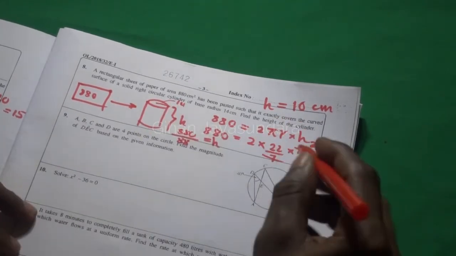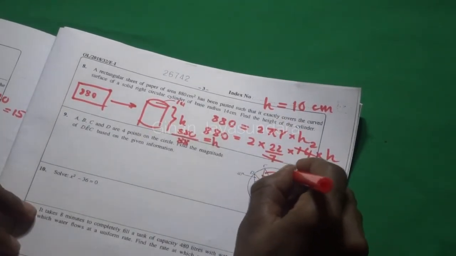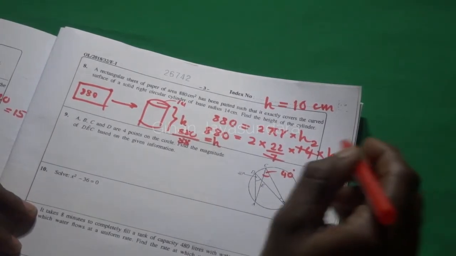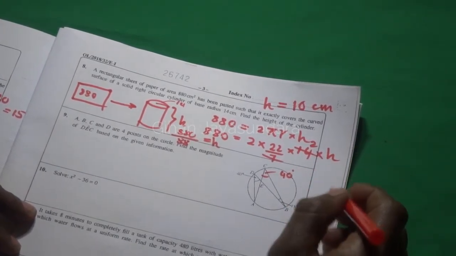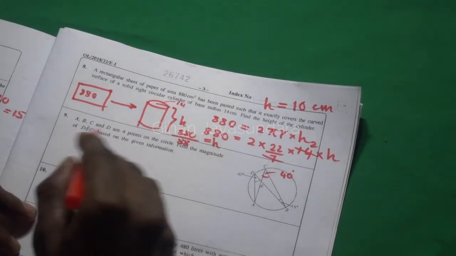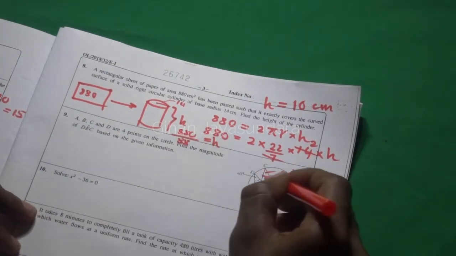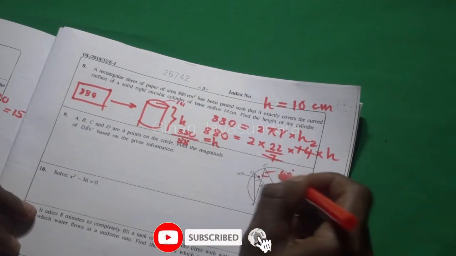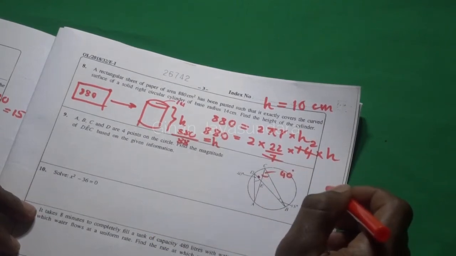So this should be 40. Right. Now we are supposed to find the magnitude of DEC. So this is what you have to find out.